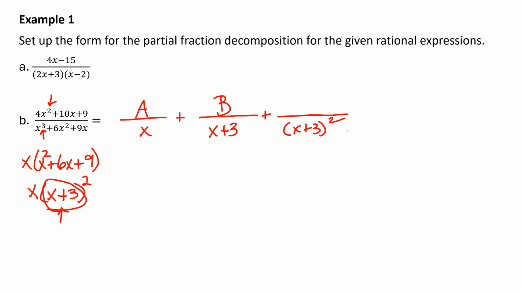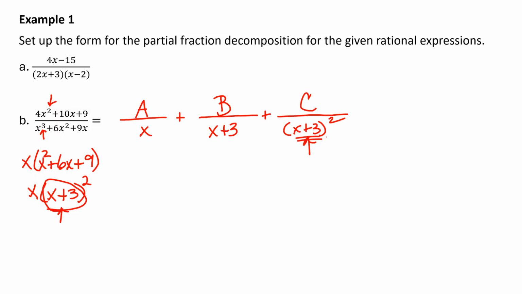But actually, we don't consider this to be quadratic. We're really just looking at the non-factorable expression that is left there inside the parentheses. So if that is linear, we will put a constant. If you had a quadratic inside the parentheses, then you would put a linear numerator. But we'll see a problem like that next.